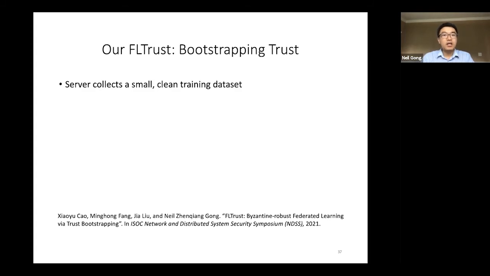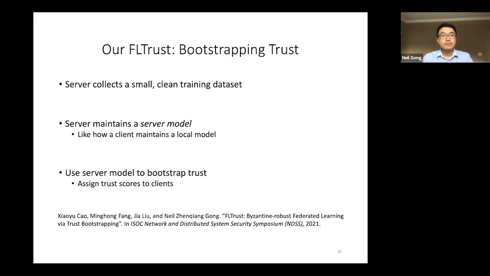Specifically, the server collects a small, clean training data set itself. The server maintains a local model based on its collected training data set, just like how a client maintains a local model. We call the server's local model the server model.